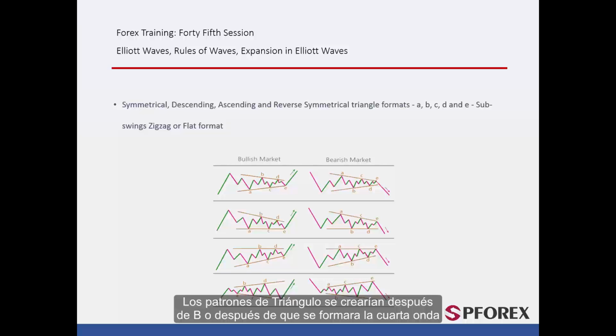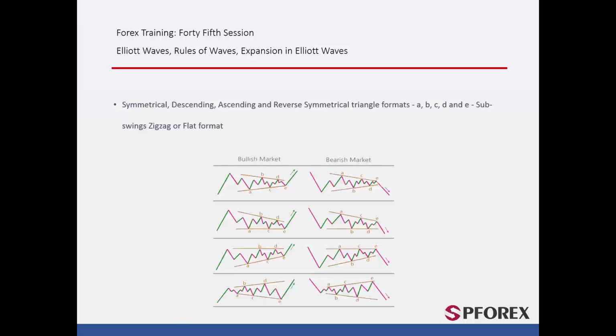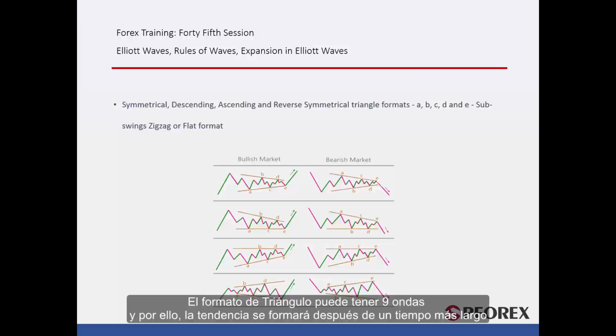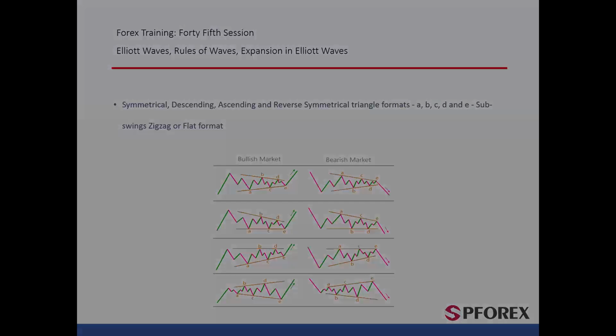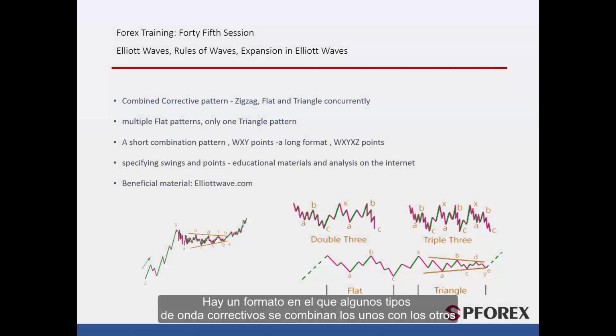Triangle patterns would be created after B or the fourth wave is formed. The triangle format may have 9 swings. Thus, the trend will form after a longer time. There is a format in which some corrective swing types are combined with each other.